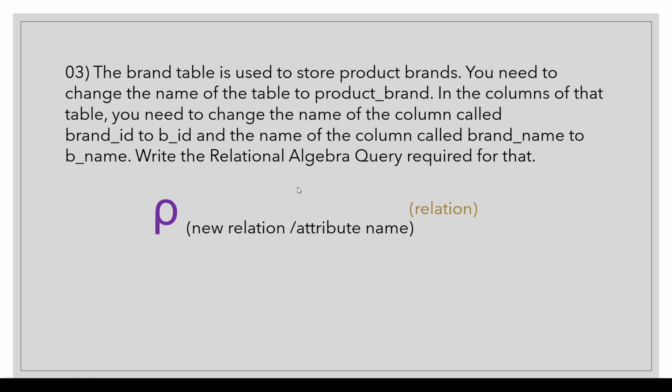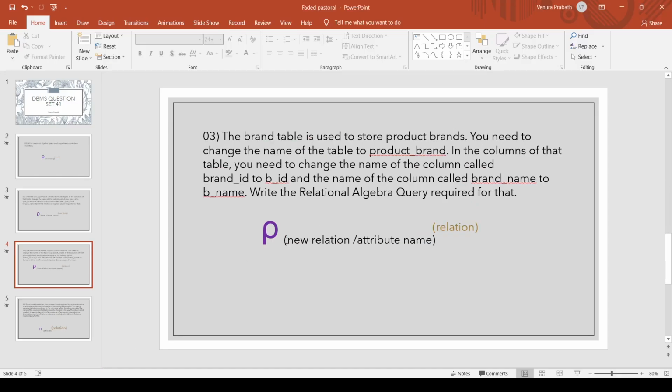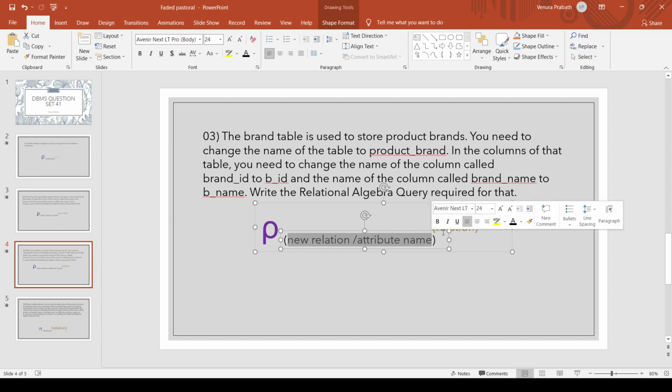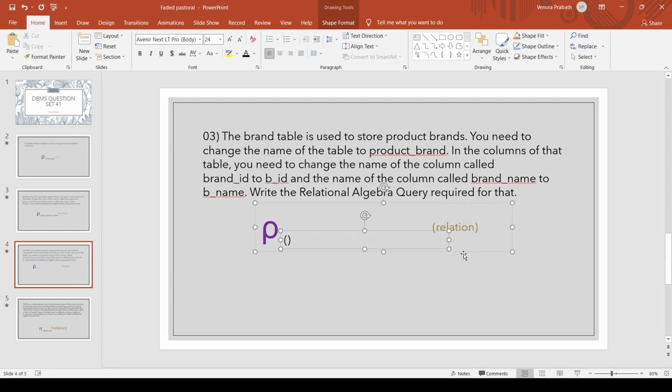Let's see how we are going to do that. In this new relation or attribute area, I'm going to name the table first. We have to change the brand table to product brand, like this.